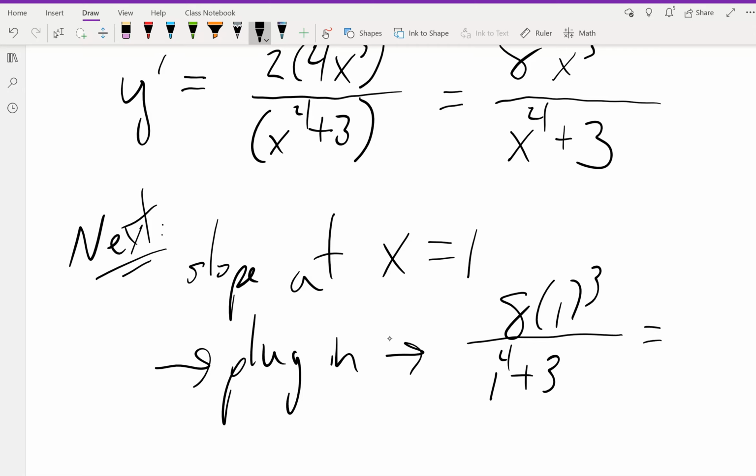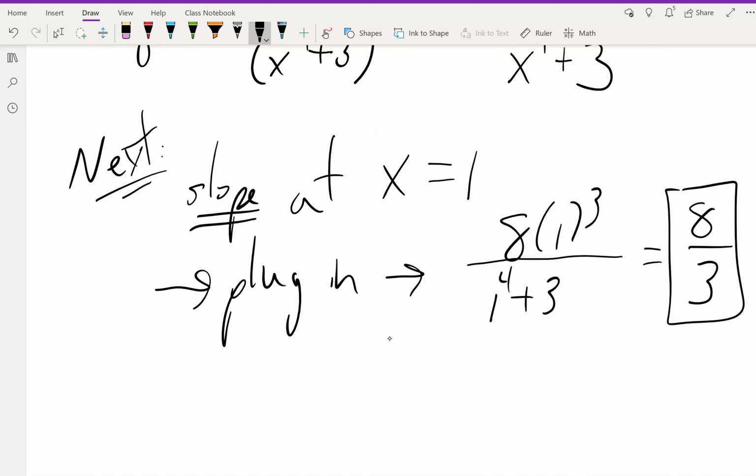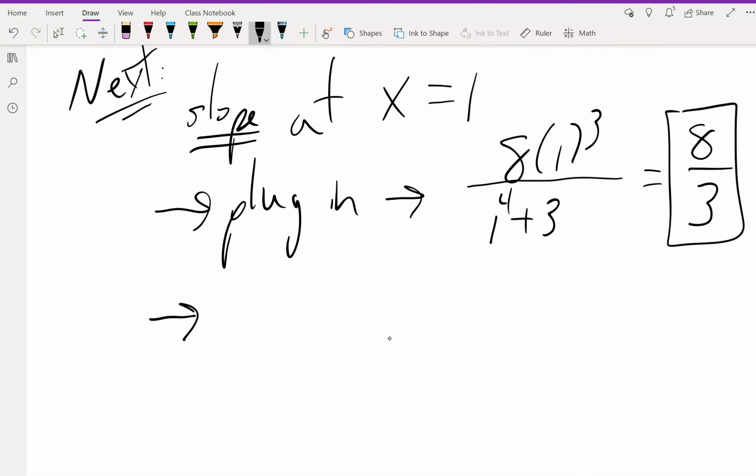And doing simple math, you get 8 over 3. Boom shakalaka. You now have the slope at x equals 1. And the slope is important because that'll determine if I'm increasing or decreasing there. And since the slope is positive, I know my function is increasing there.